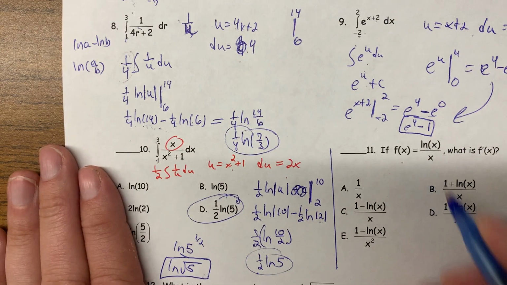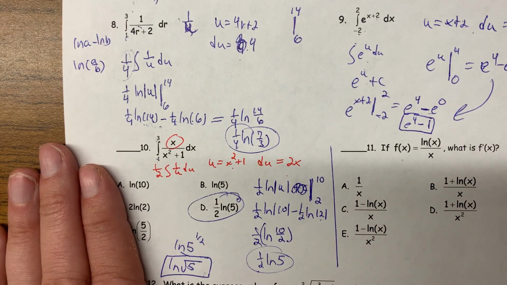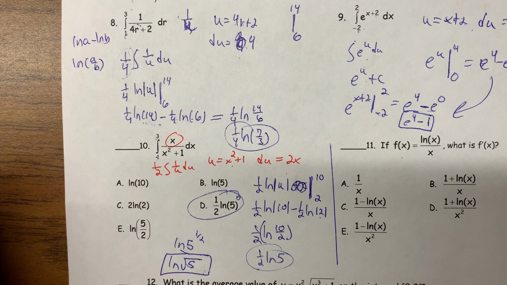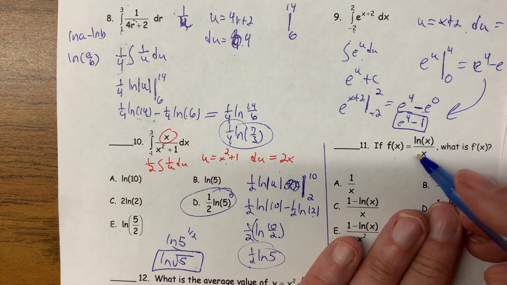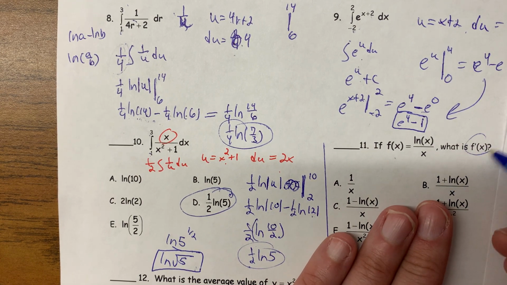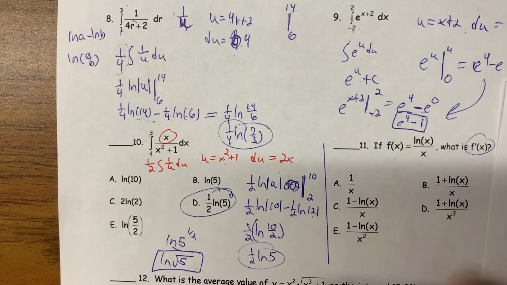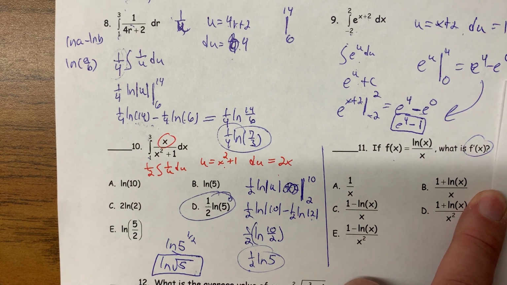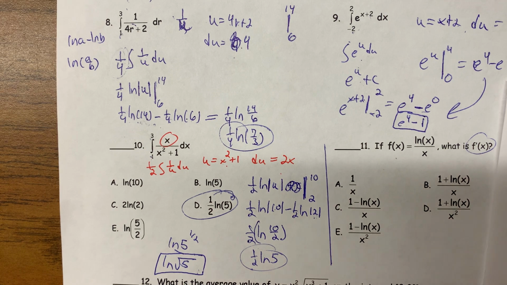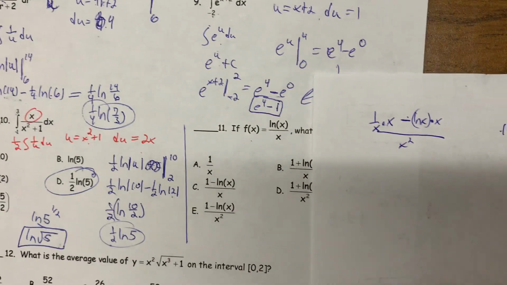If f of x equals natural log of x over x, what is f prime? We're going to do 2 problems here. One is, what is f prime? And notice this is not u-substitution because you're just doing a derivative. This is quotient rule. Oh, you couldn't see that.